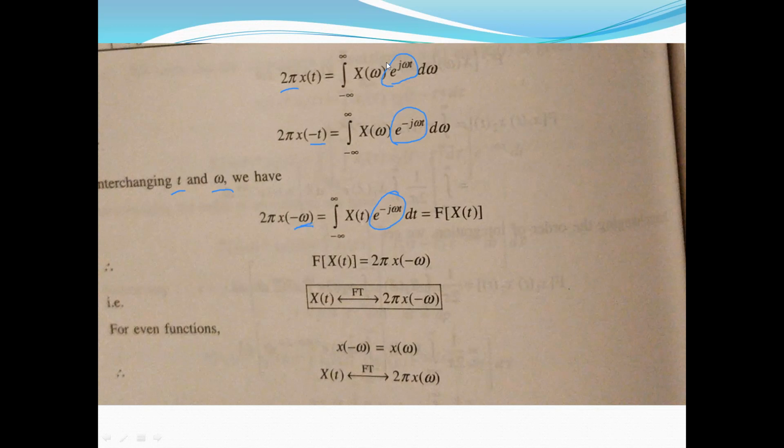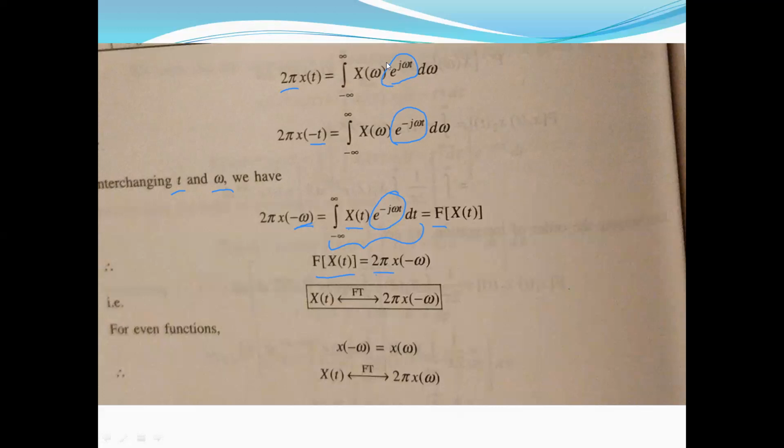Now the right hand side is the formula for the Fourier transform. So we can write F of the signal, capital X of t, is equal to the left hand side, 2 pi into x of minus omega.